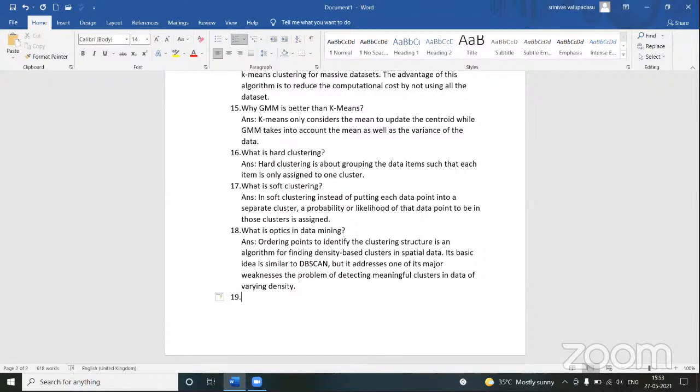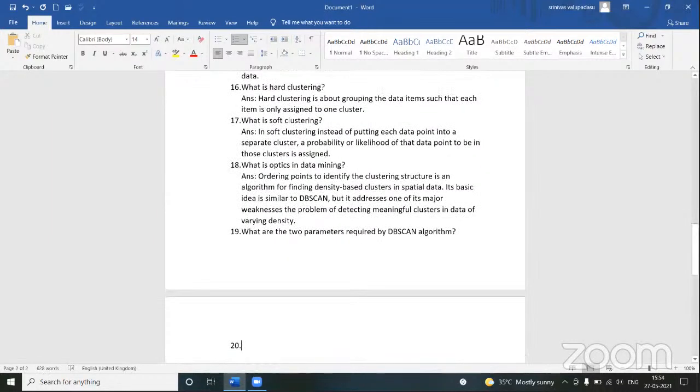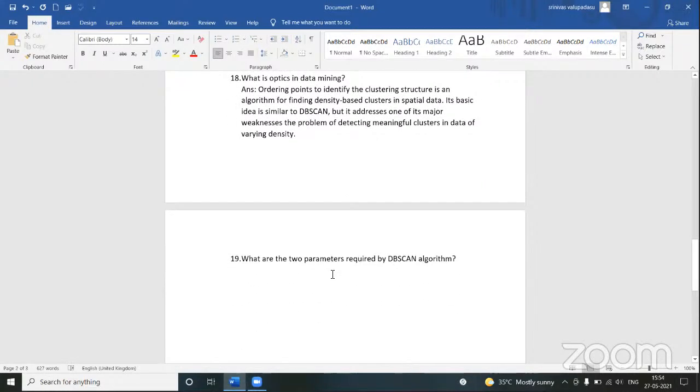What are the two parameters required by the DBSCAN algorithm? The algorithm requires only two parameters: epsilon and minimum points.